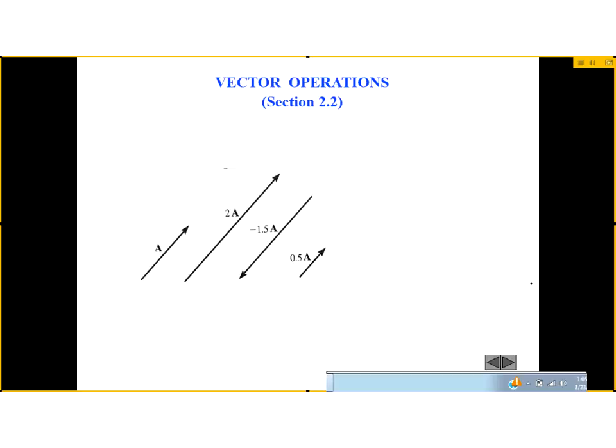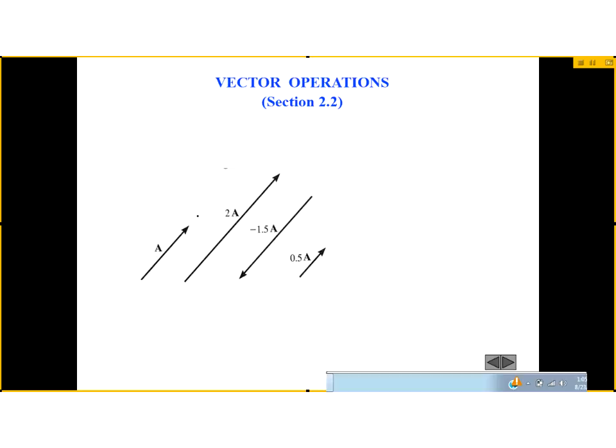So mathematically speaking, if you have a vector of some size A, you might think of scaling that by multiplying it by 2. You can scale that vector, and you have something now of size 2A. It's twice as long, but it's pointing in the same direction. You could actually scale it by a negative number, in which case you'd be flipping the direction, so it's pointing 180 degrees opposite of the original direction.